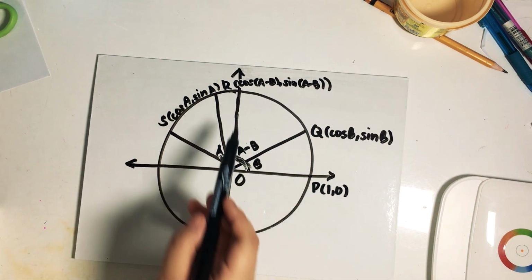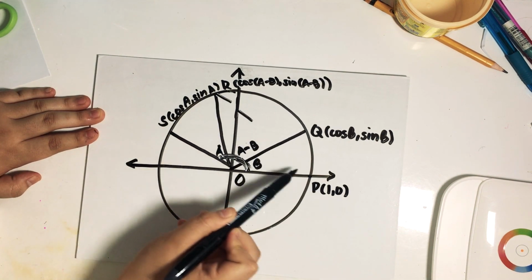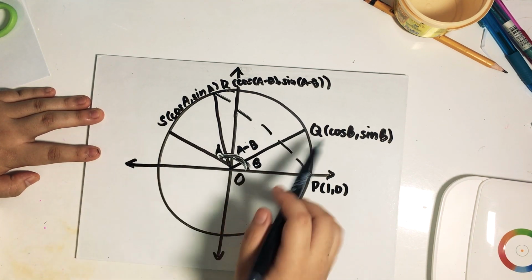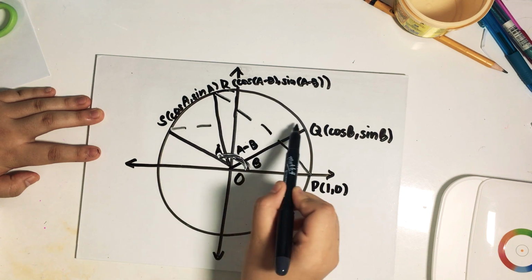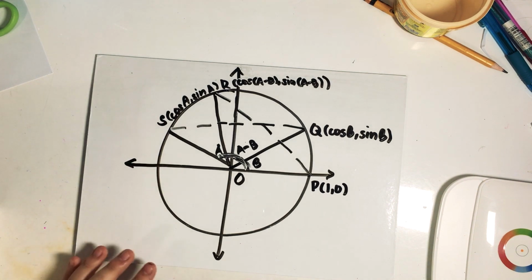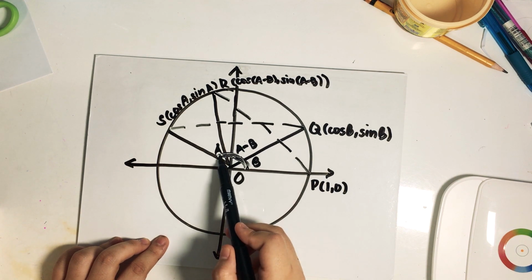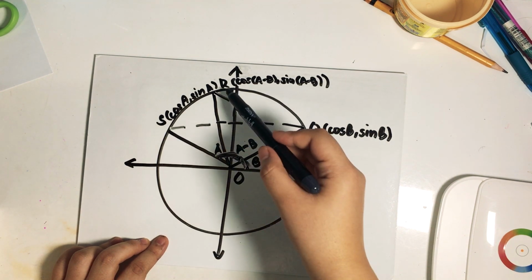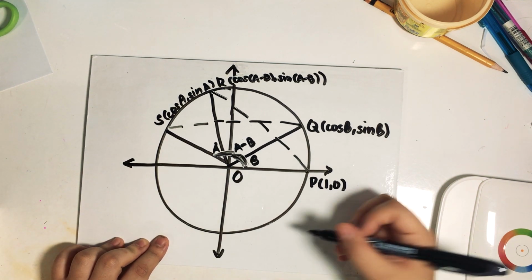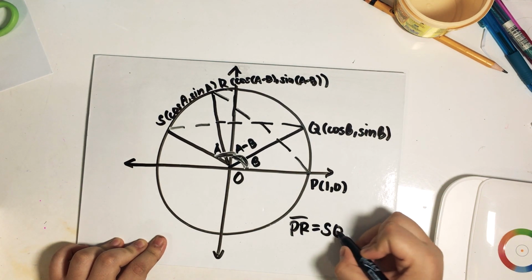And we have a chord between R and P. We also have a chord connecting S and Q. So their values are similar because SOQ is A minus B and ROP is also A minus B. So we can say that segment PR is equivalent to segment SQ.